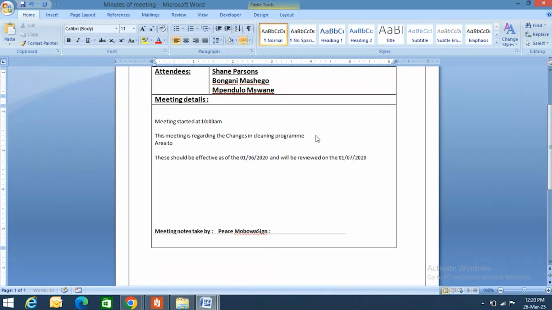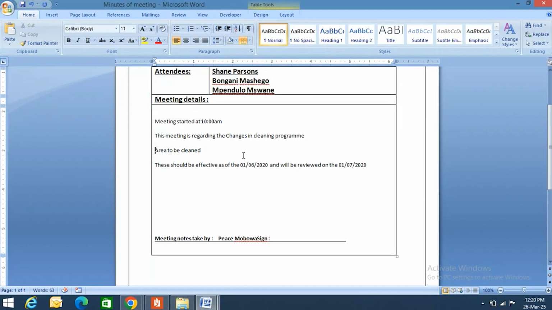Area to be cleaned. Because we're talking about food and beverage, for example, we're saying area to be cleaned will be dining room, carpets.